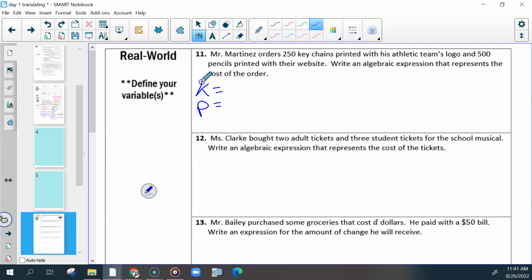And when we define our variables, we have to be very specific. Cost of, amount of, whatever we don't know. So cost of each keychain and cost of each pencil.